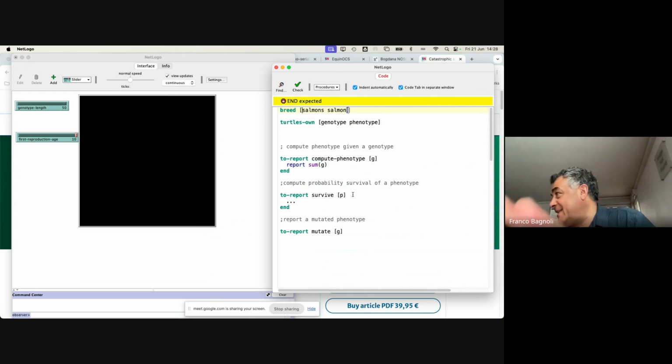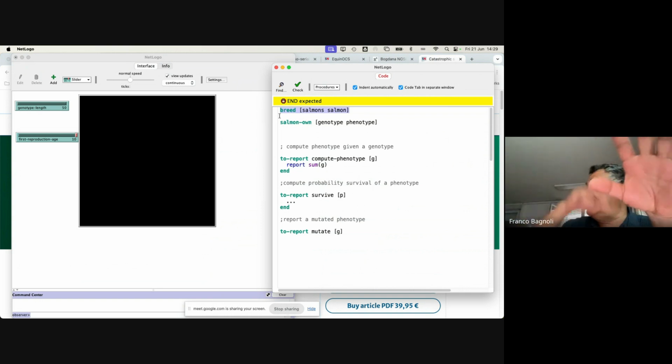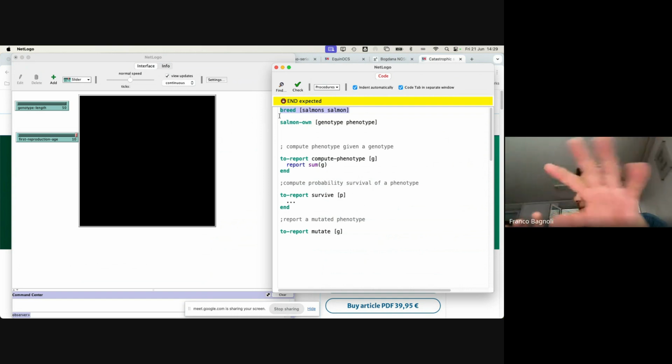This is just another name for turtles, and there is no difference between turtles and salmons. The idea is that if you have more breeds, you can address separately one of salmons, one of, I don't know, frogs. Just for practicing with another way of calling a set of turtles.